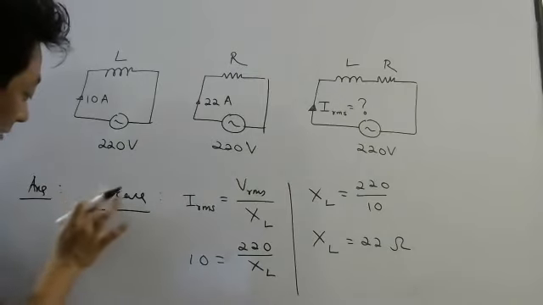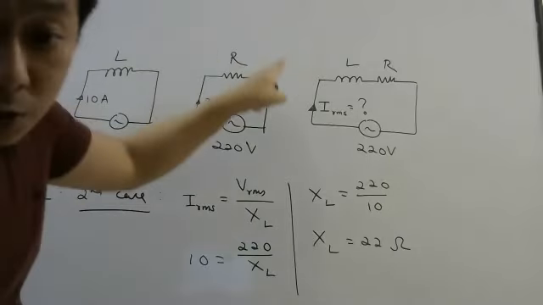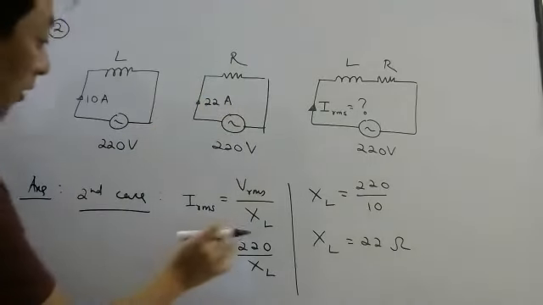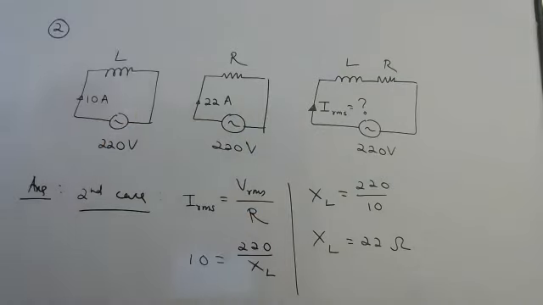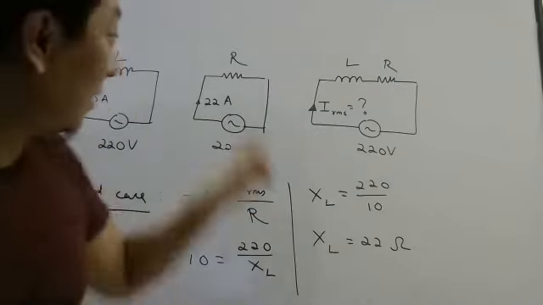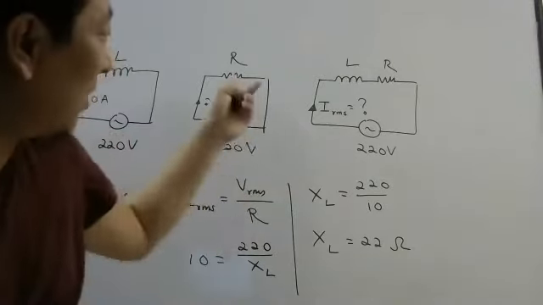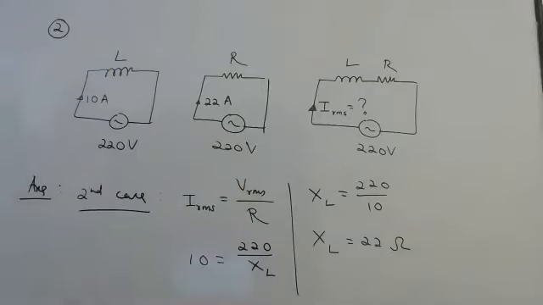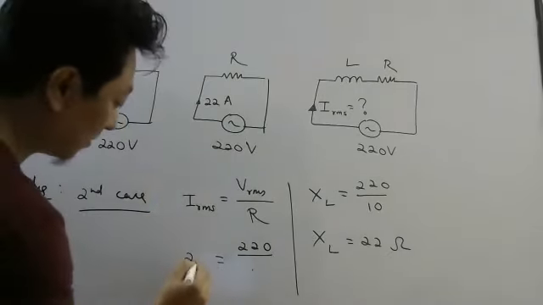Now in the second case, matlab when there is only resistance, that time what will you do? You will replace this by R. Right? Actually Z is there, Z. But in this problem, XL is not there, XC is not there. So only R is there. So therefore this will come. Here the current was how much? 22.